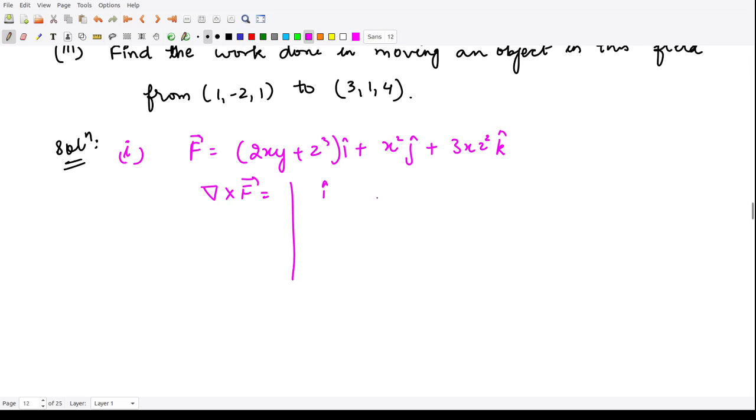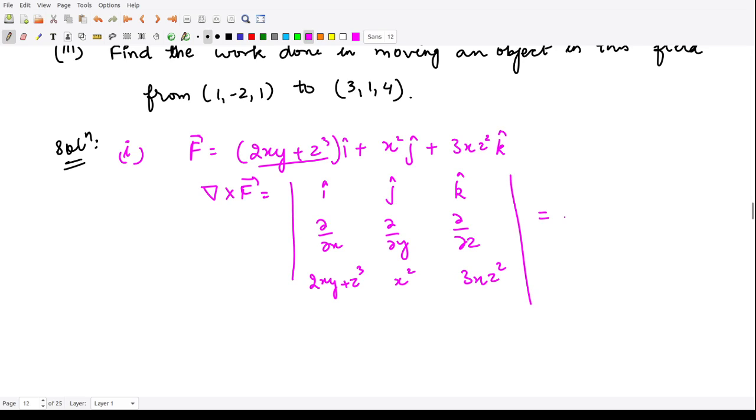So we'll do the determinant, writing i cap, j cap, k cap, then del by del x, del by del y and del by del z, and corresponding to the vector f we will write 2xy + z³, x², 3xz².